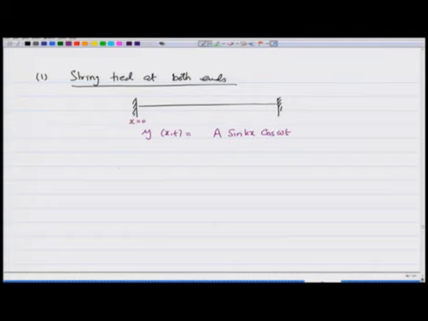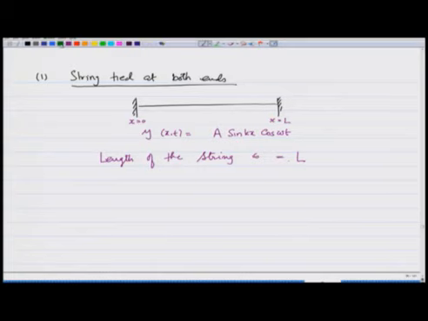I am taking the left hand end of this string to be at x equals 0 and the right hand end to be x equals L. That means the length of the string is equal to L.